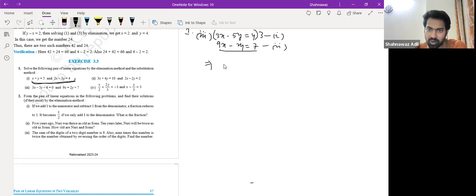3x into 3 would be how much? So x is not multiplied, you have 3 into 3. Only the numbers can multiply.